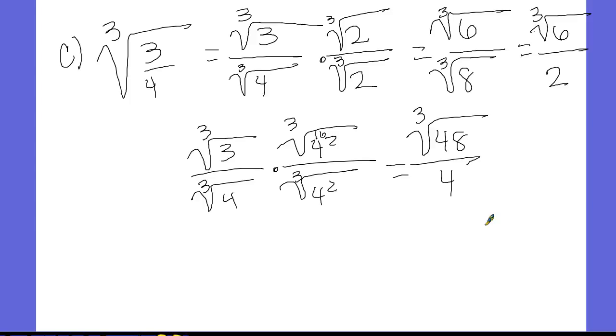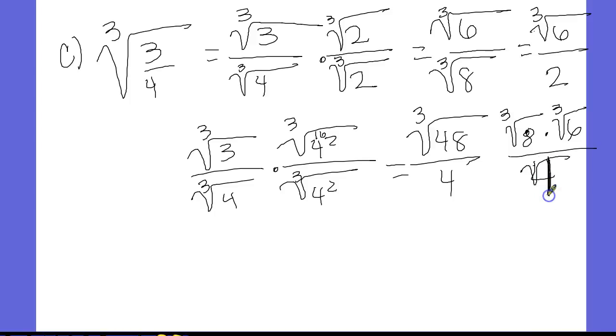I mean, they're equivalent, but they're not the same because there's a perfect cube in 48. There it is. You know what it is? 8. Yes? Isn't 48? Could I say this is the cubed root of 8 times the cubed root of 6? Yes?